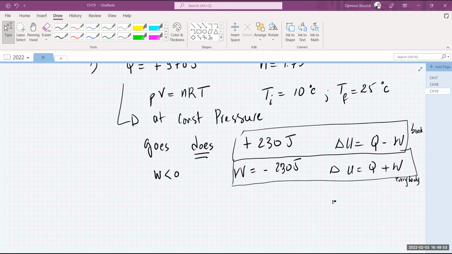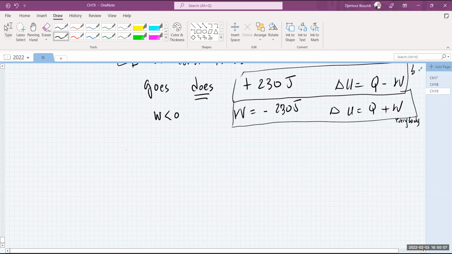Calculate the change in internal energy of the gas. Basically, calculate delta U. If you take the first convention, the book approach, let's do the book way. Delta U is equal to Q minus W. Q is 970, I wrote it up there.